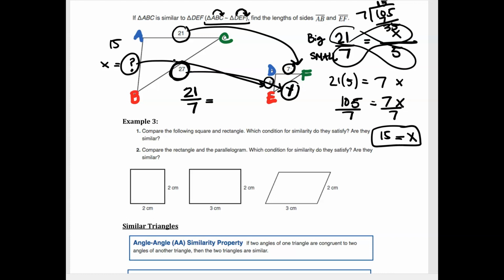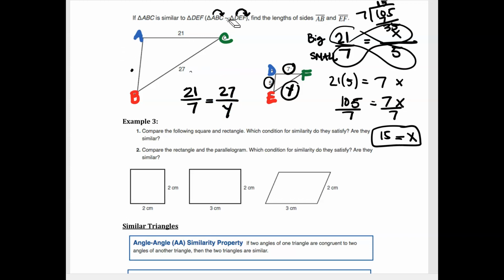So 21 is to 7 as 27 is to Y. Okay, let me actually just erase this. I feel like it's getting a little messy, and I'll do that again here. So we've got 21 is to 7 as 27 is to Y.